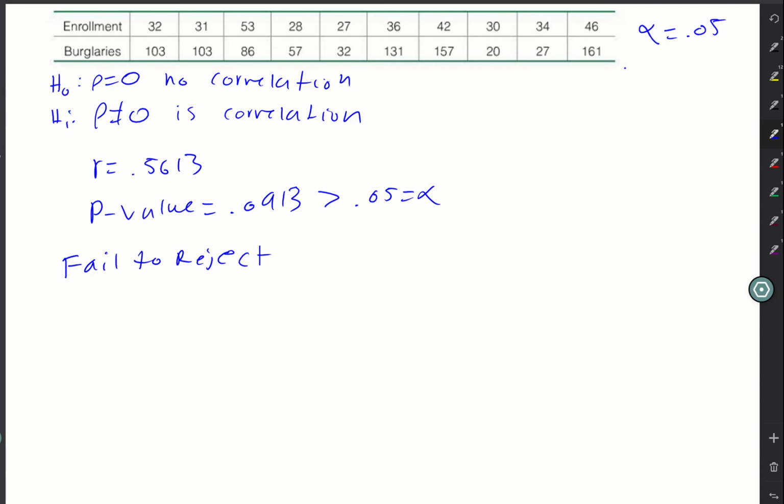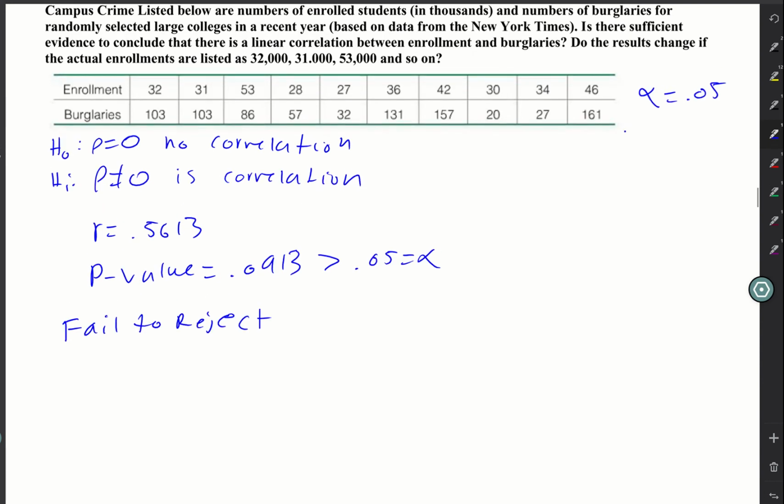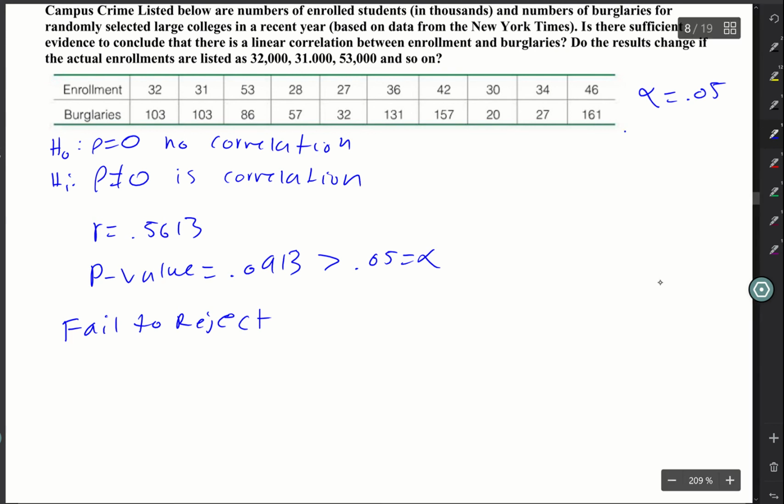Not necessarily. The more people maybe, but not just because they're students. So we wouldn't really expect to find that just because we have more students, we're going to have more burglaries. At least we wouldn't think there's a super strong correlation there. And this test tells me that there's no correlation at all.